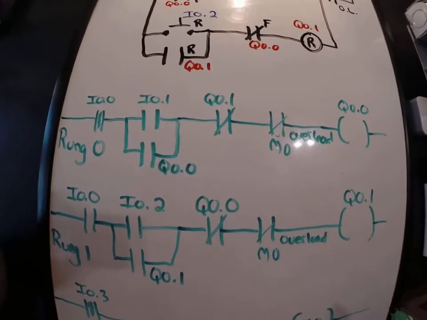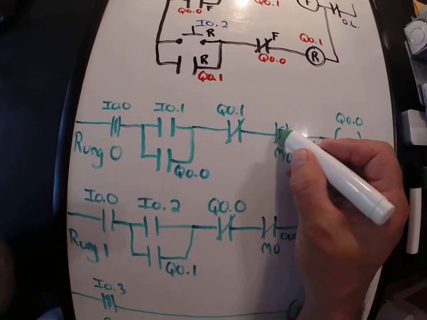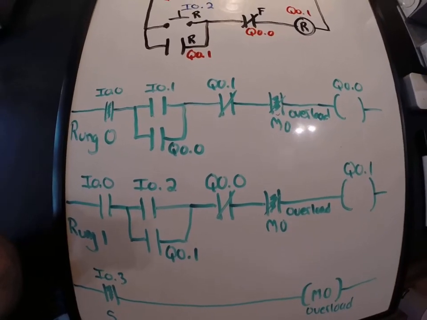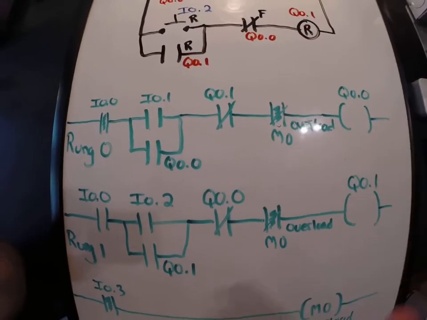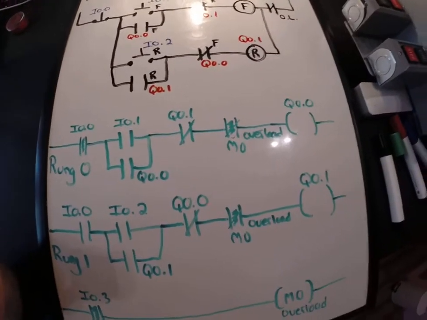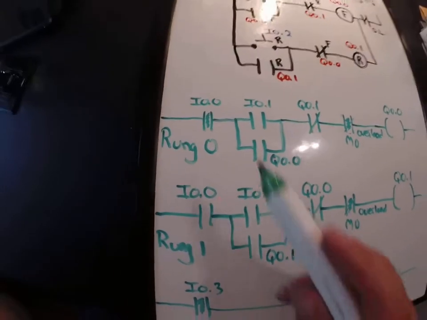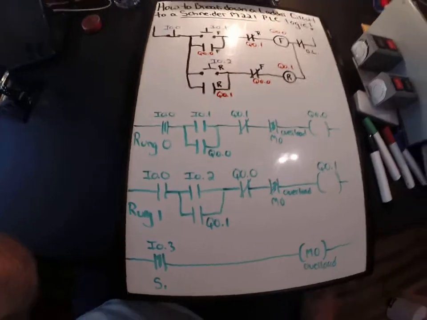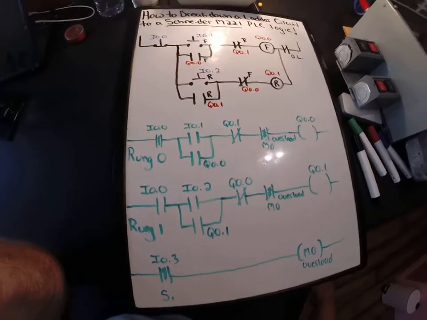So I'll see that on my program. I'll see this path for current flow. So we want our overloads to be intact in the circuit. We want them to be shaded in green. I prefer that because then it allows the rest of my circuit to work as it should when I press forward or reverse.